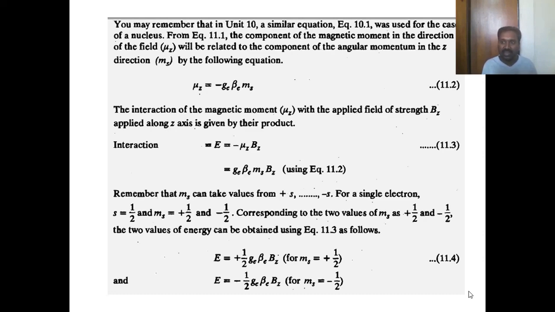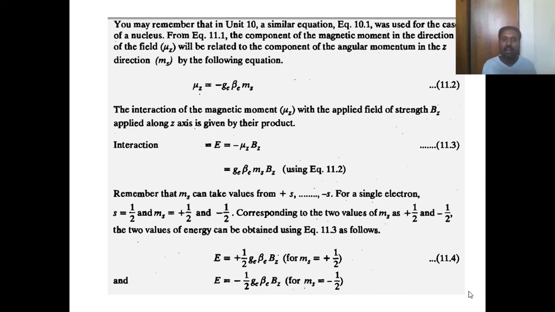What does MS tell? The orientation of the spin with respect to the magnetic field. This is called the Z component of the angular momentum. So what is the Z component of the angular momentum? The MS value. MS is the Z component of the angular momentum.